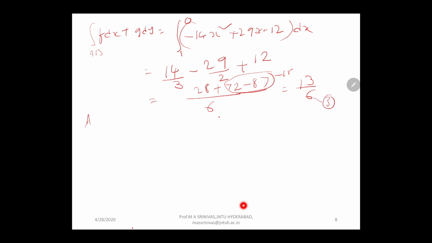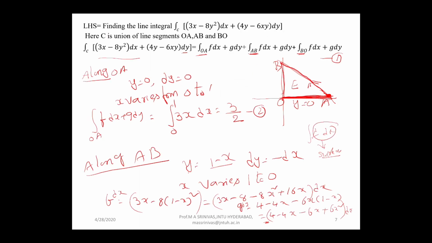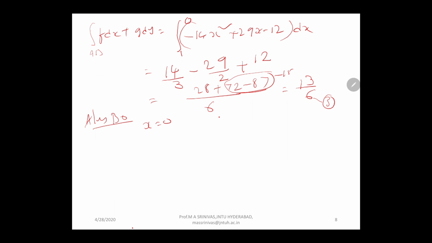And along BO, the equation is x equal to 0, and dx will be 0. So therefore, integral over BO of f dx plus g dy will be equal to, whenever x is 0 here, y varies from 1 to 0. y will be 1 here, y will be 0 here.